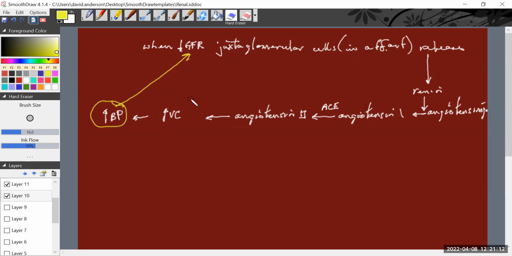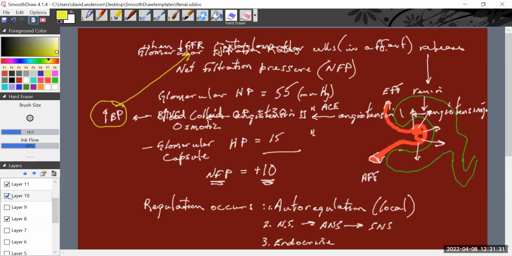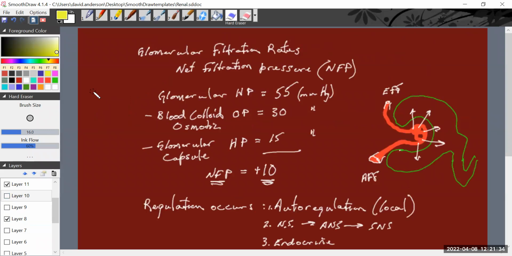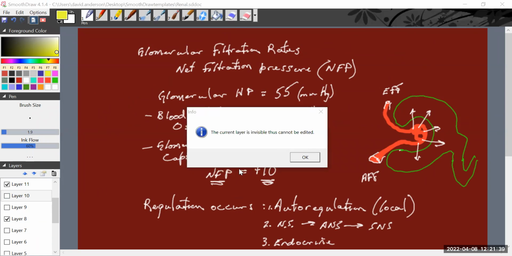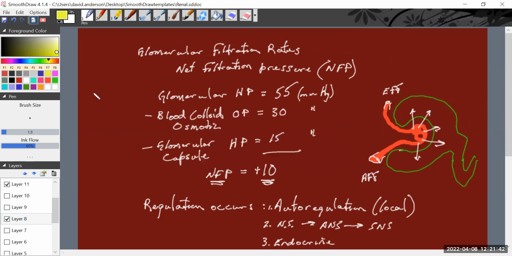So again, when I'm circling these things in yellow, we're highlighting negative feedback. Right? Remember, glomerular filtration rate is determined by net filtration, ultimately hydrostatic pressure. So if we increase our glomerular filtration rates, where did we start that today? When we look here, okay, if we increased blood pressure, that means this number would go to 65, right?